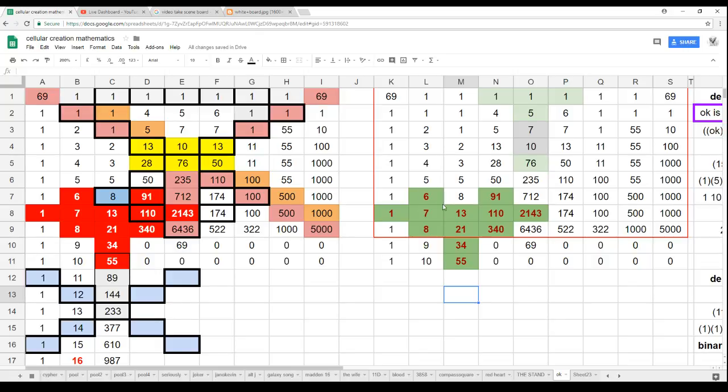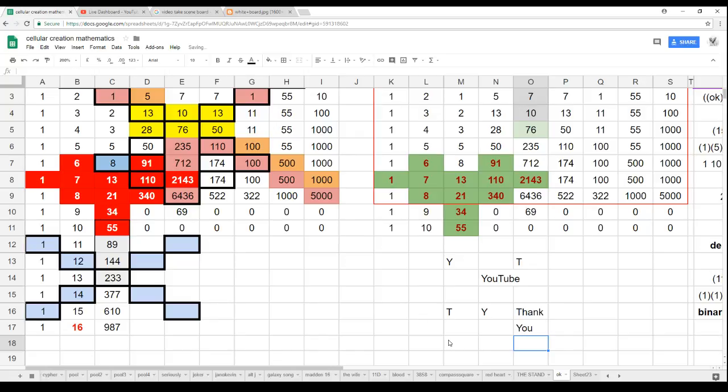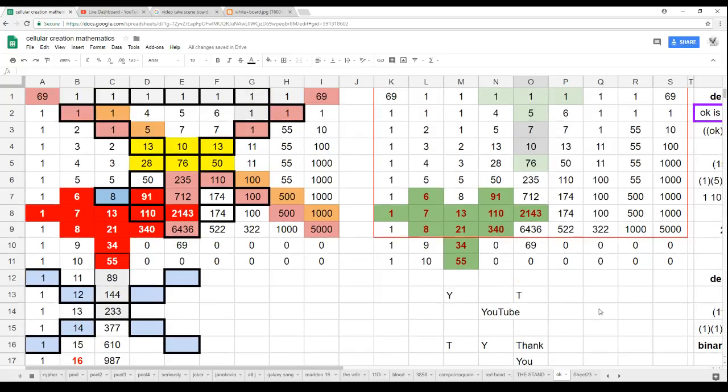Hey, look, it looks like a Y. It looks like a capital Y. And over here, it looks like a capital T. I don't know. What word reminds you of that? Well, what was that?